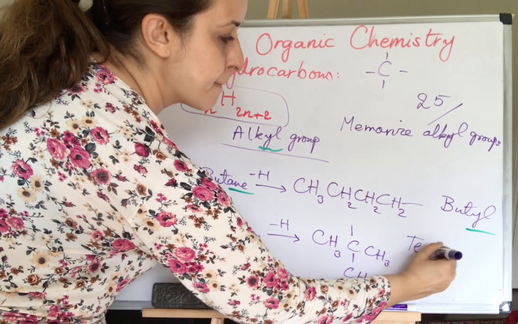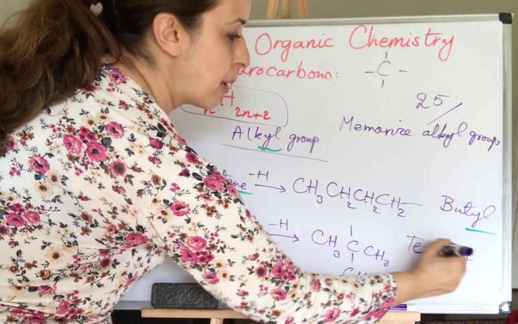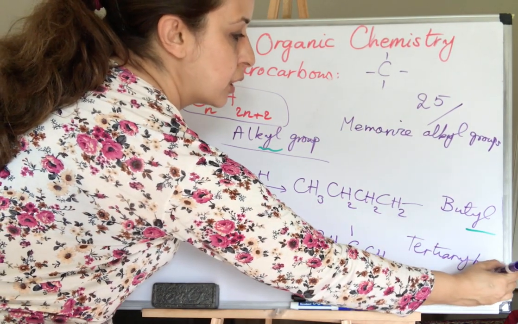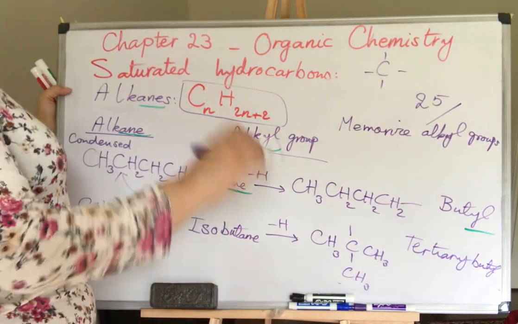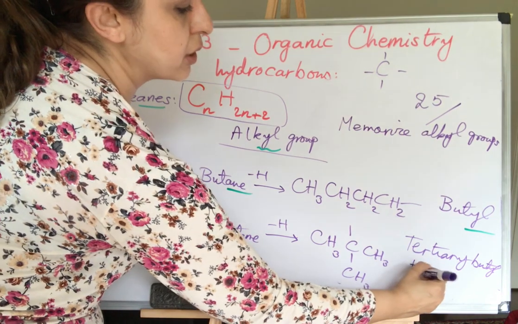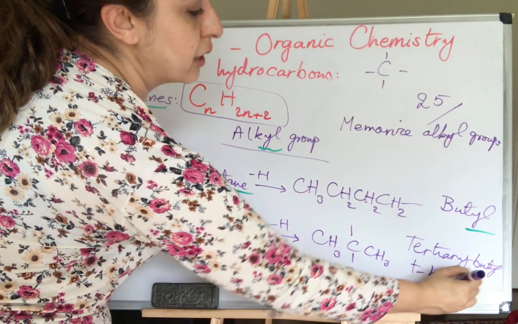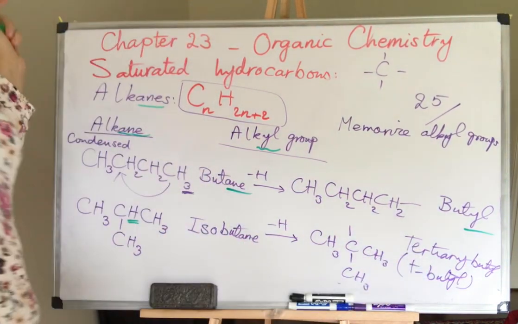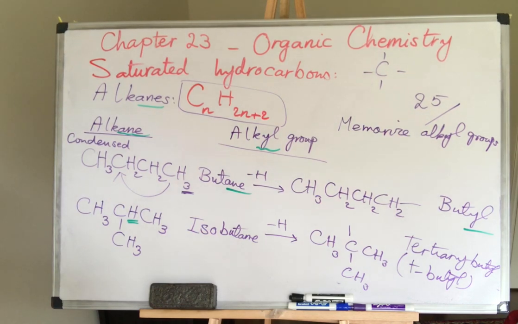Tertiary. At this point, please just memorize, because you will learn the meaning of tertiary, and it's abbreviated by T-butyl. T-butyl. Okay, memorize them. We will come back with more details about alkanes and cycloalkanes.